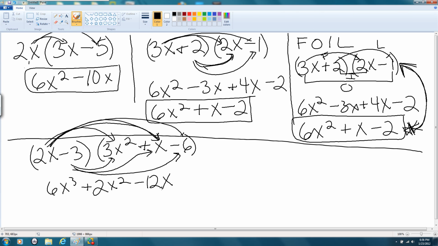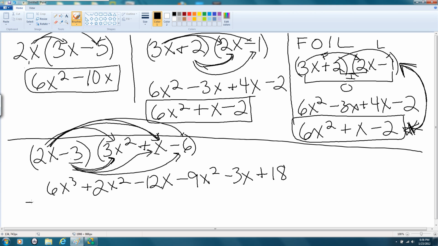And then the bottom here, so I have negative 3 times 3x squared, which is minus 9x squared. And then the negative 3 times the x, so I get minus 3x, and then I have the constant terms here. I got negative 3 times negative 6, so plus 18.